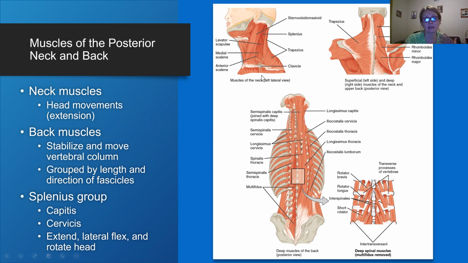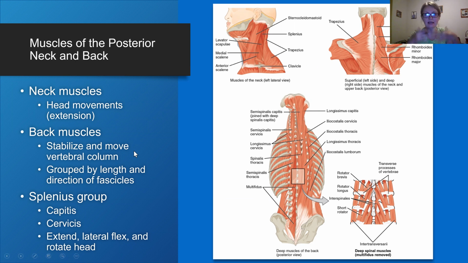But whatever is inserted into your vertebrae, for example splenius cervicis, then the insertion is the cervical vertebrae. So you can move your neck, but you will not move your head, right? If it makes sense. So if it's a head movement, then we should expect the muscles to be attached to the skull, right? Back muscles stabilize and move the vertebral column, and they are grouped by length and direction of fascicles.